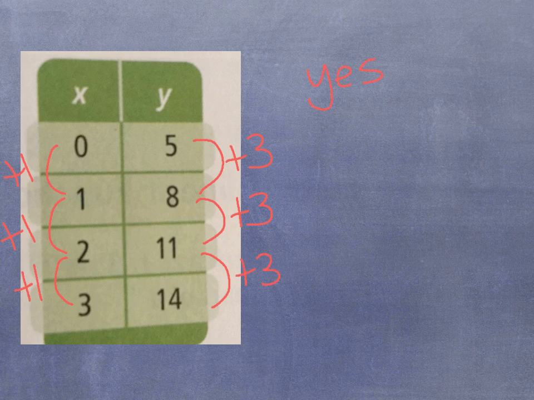Now, if I have a 0 for the x, remember that means this is my y intercept, so that's going to be my b. And my change is going to be 3. So I'm going to do y equals 3x plus 5. That's my first guess, and then I'm just going to check if it works. So then I'm going to put my input in, which my first input 0. 3 times 0 is 0, plus 5 is 5.